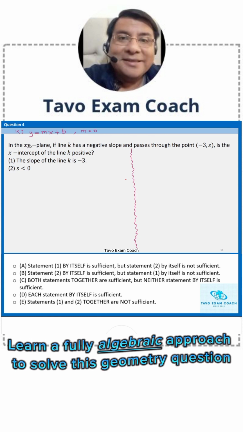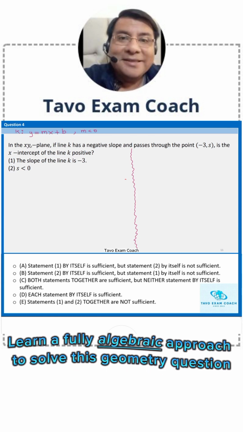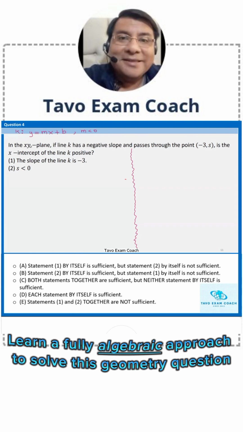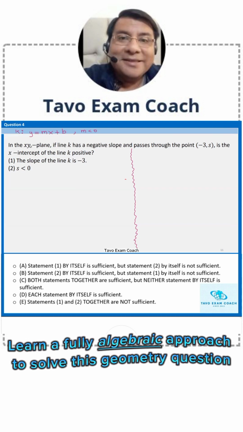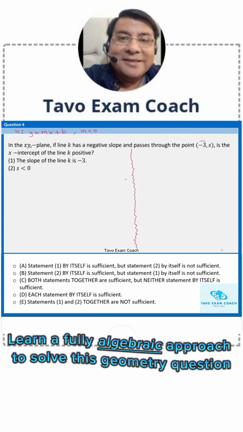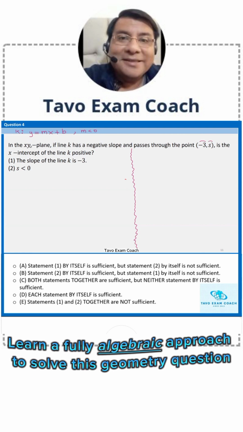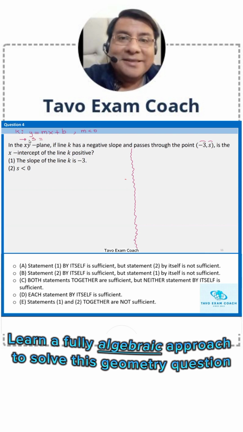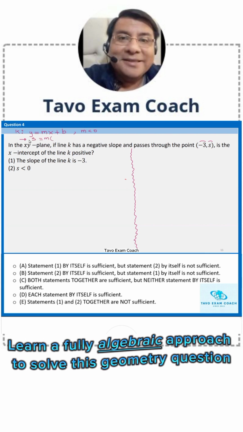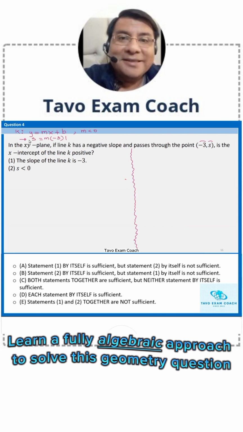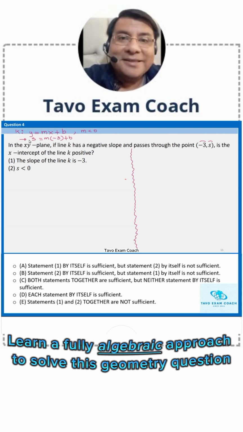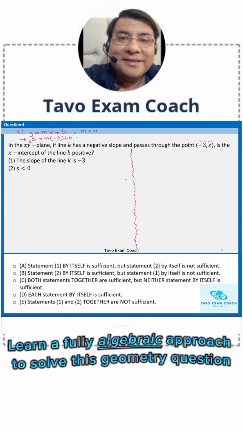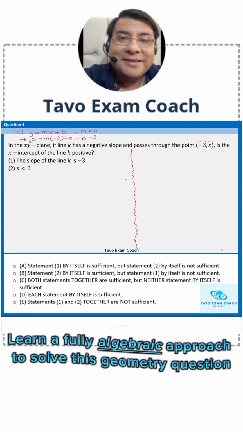And to say that the line passes through the point -3, S means that these numbers, -3 and S, must satisfy the equation of the line, such that S has to be equal to m multiplied by -3 plus b. Alright, so this is the same as saying b minus 3m.